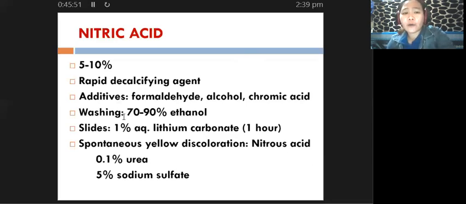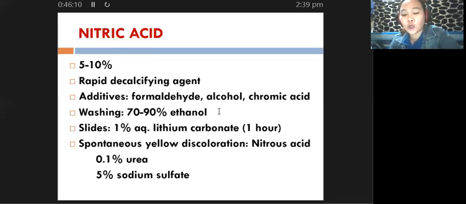And for the washing out of your nitric acid, always use alcohol. Do not use water, because later I will explain. For the washing of your nitric acid, you have to make use of 70 to 90%.